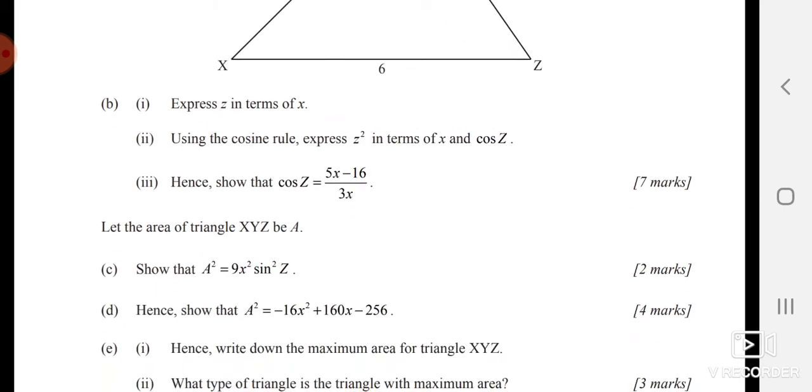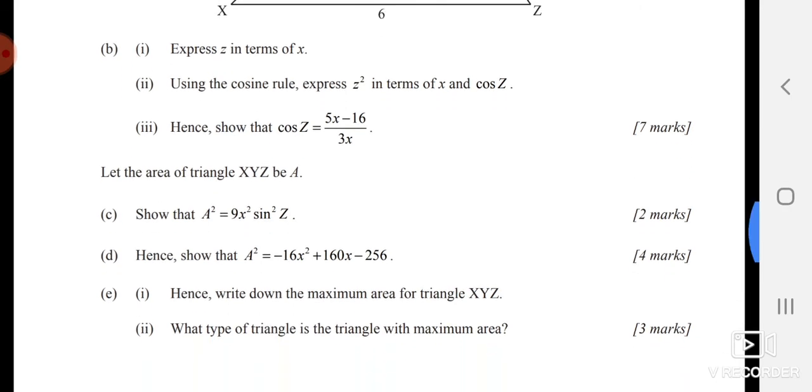So show that A square is equal to 9x square sine square z, as you have calculated the area, and then you just take the square on both sides. By taking the square on both sides, you have A square is equal to 9x square sine square z. When you take a pencil and write on paper, there will be no issue.